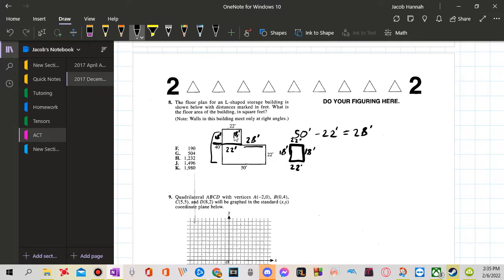So 22 times 18. That's this part, the first area. Let's write a little equation.